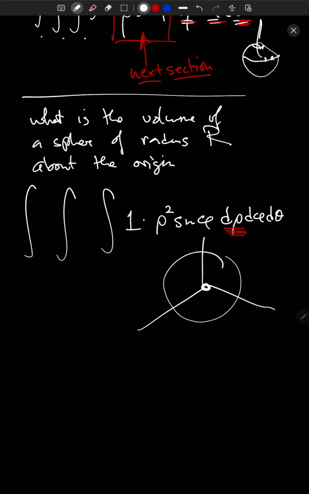Very similar to polar coordinates, right? Our dr integrals were represented by rays from the origin. That makes sense because rho describes distance from the origin, and if you have rho moving but theta and phi fixed, then that's exactly a ray coming out from the origin.